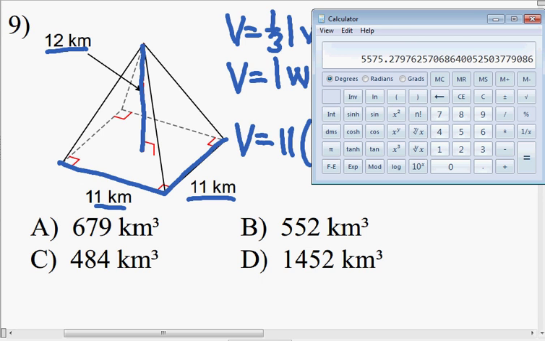So 11 times 11 times 12 divided by 3 equals 44.